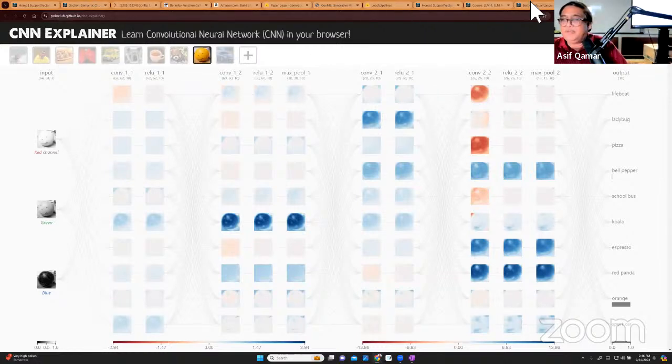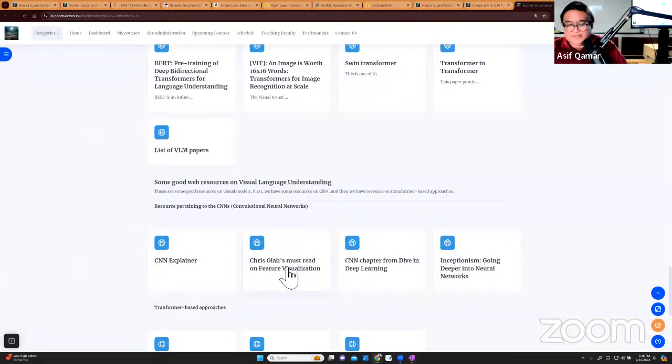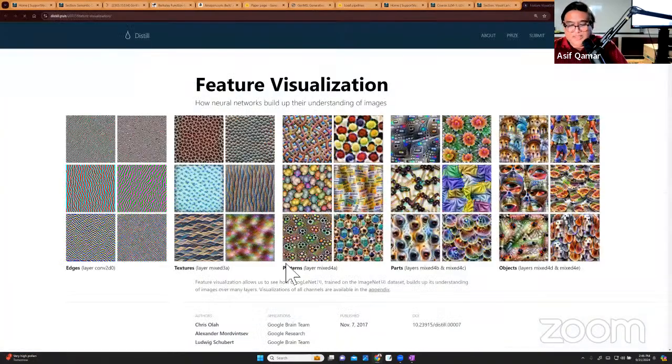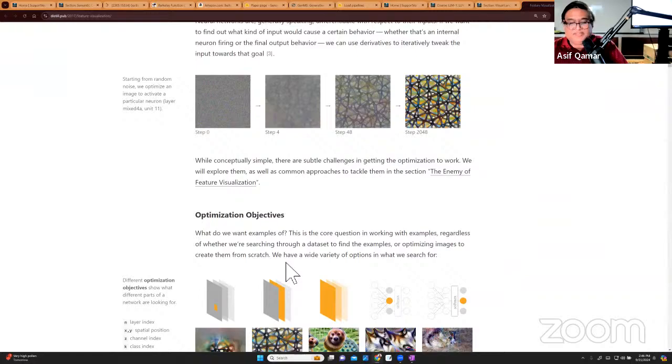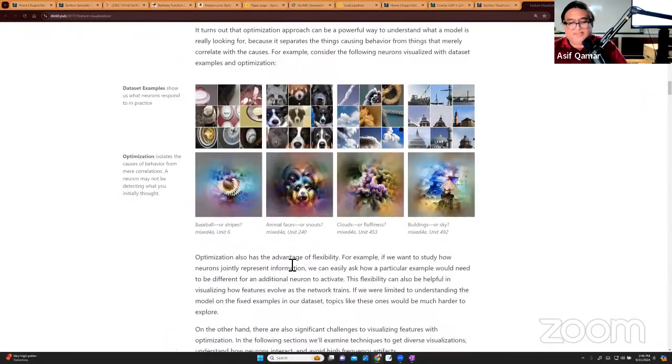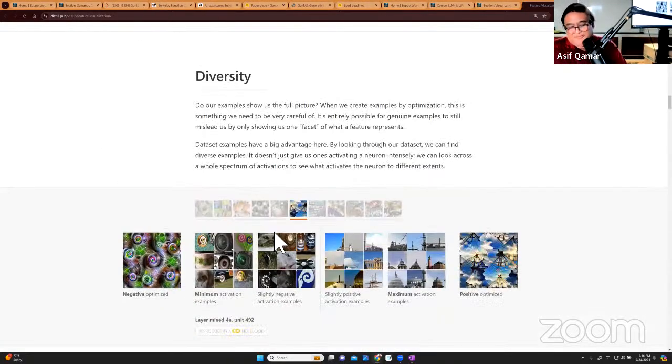Then, when you come to the course page, you see Chris Olah's must read on feature visualization. I found this article to be really very good. And one of the best explanations I have seen on what is the neural network itself, CNN, how is it looking at the world, right? I won't go into it. I'll just give you a flavor.